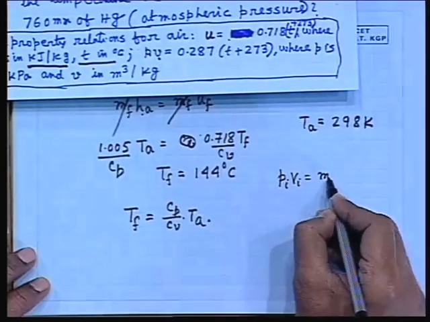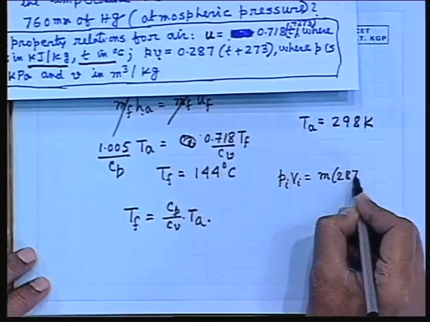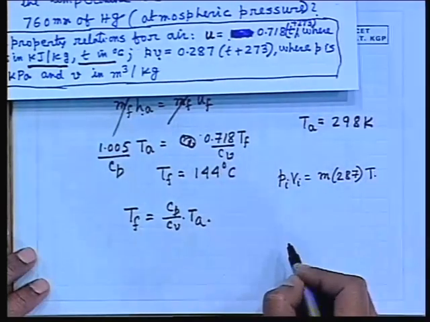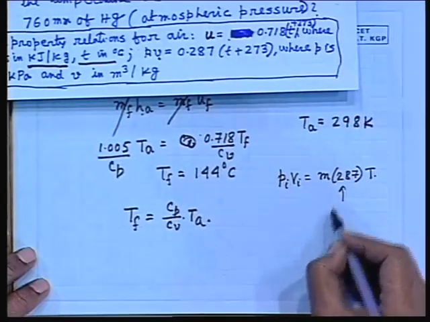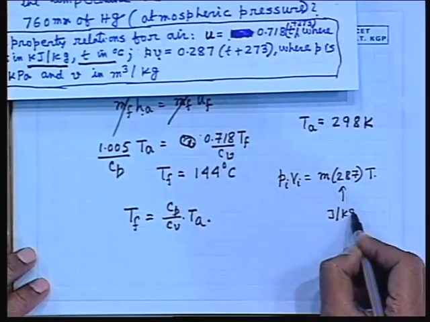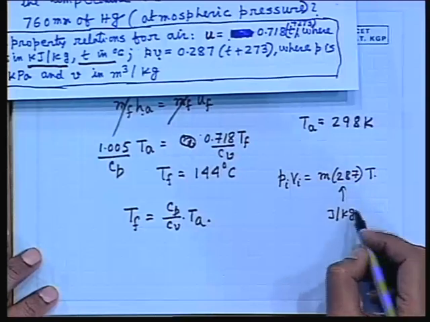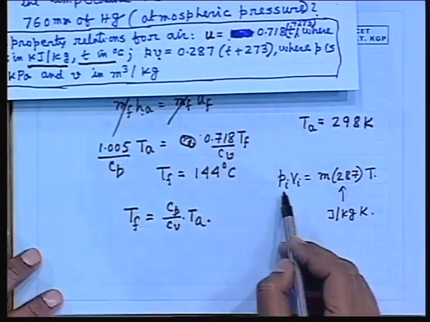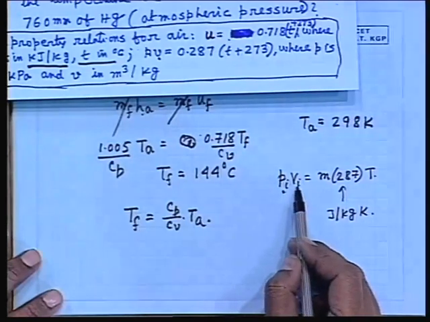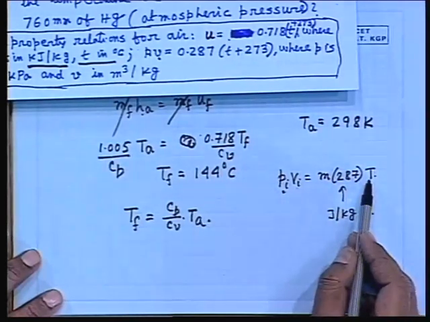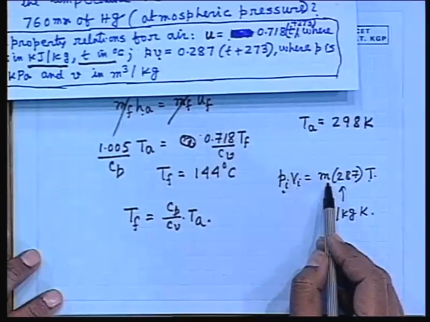When we will be dealing with air, we always put 287 into T. This is joule per kg K. So, these things have to be in consistent units: Newton per meter square, meter cube per kg and Kelvin, and this is kg.